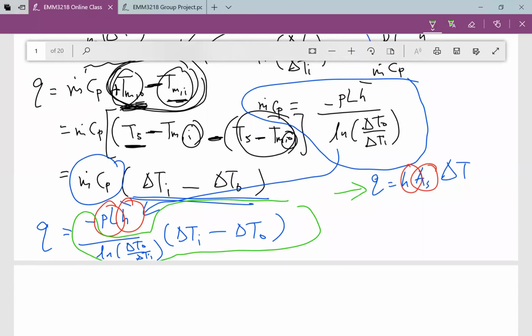So it means we can rewrite this equation, Q equals to H, area. So area in this case is the perimeter times the length, times what is called as the delta T log mean temperature difference. I believe you have heard this term before in one of the labs that you have previously.